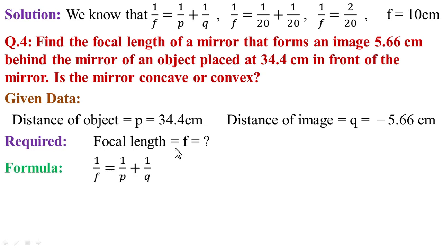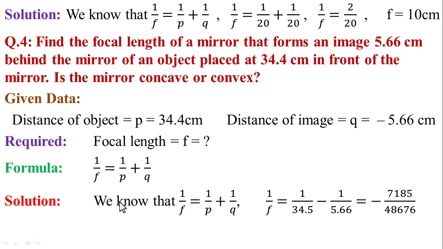Now we use the formula 1 over f is equal to 1 over p plus 1 over q. Putting the values, 1 over f is equal to 1 upon 34.4 minus 1 upon 5.66.